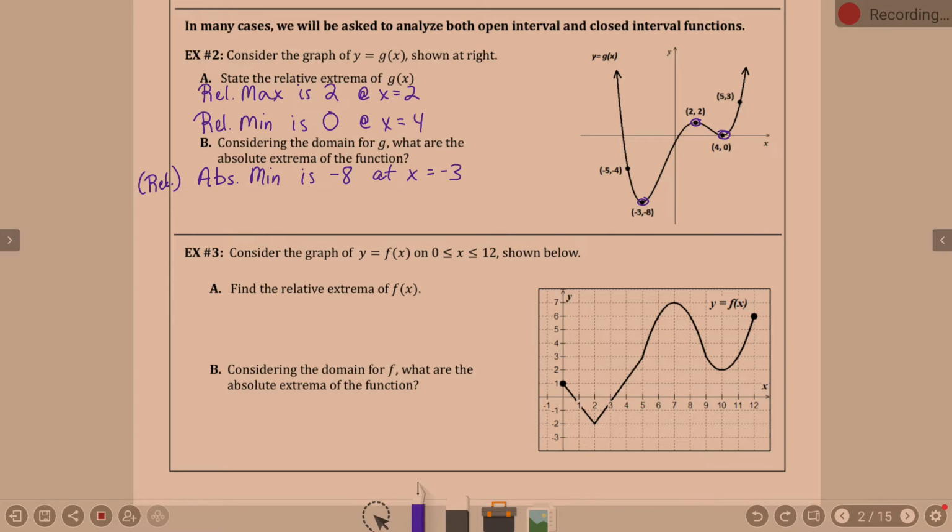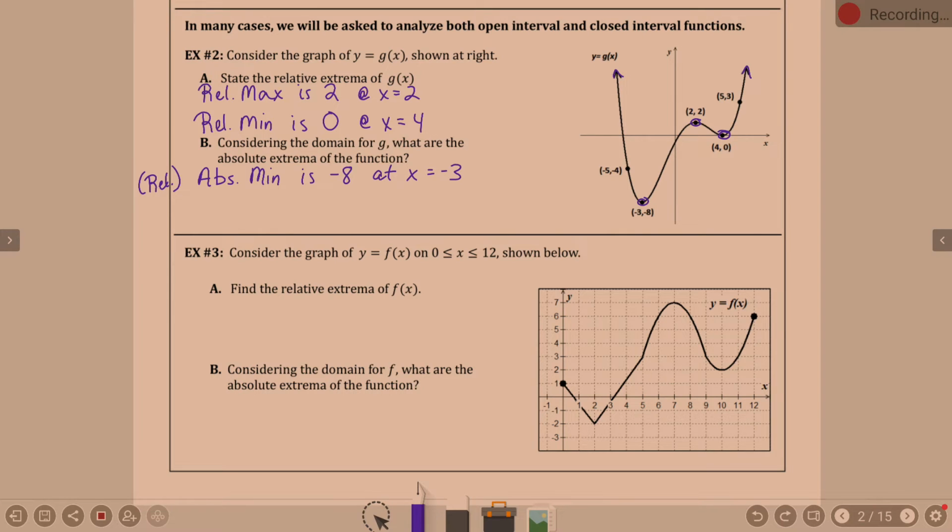Absolute max? We don't have one, do we? Okay. And that is because this graph is going infinitely up. Because those are arrows and not endpoints, we're not going to have an absolute max. So if we bring back a pre-calc word, this graph is what up top?